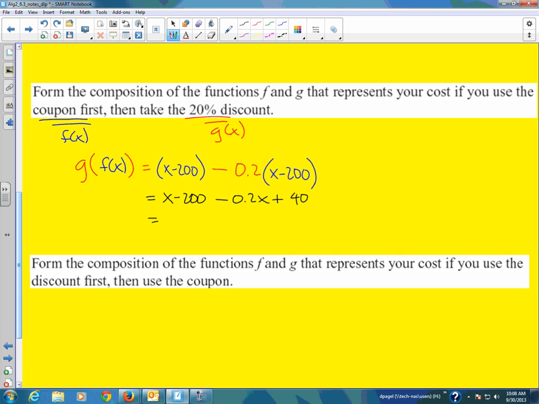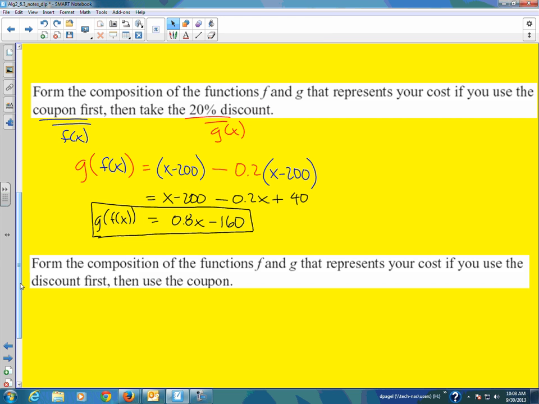Combining like terms, we get g of f of x is equal to 0.8x minus 160. So there's our composite if we did the $200 off first and then did our discount.